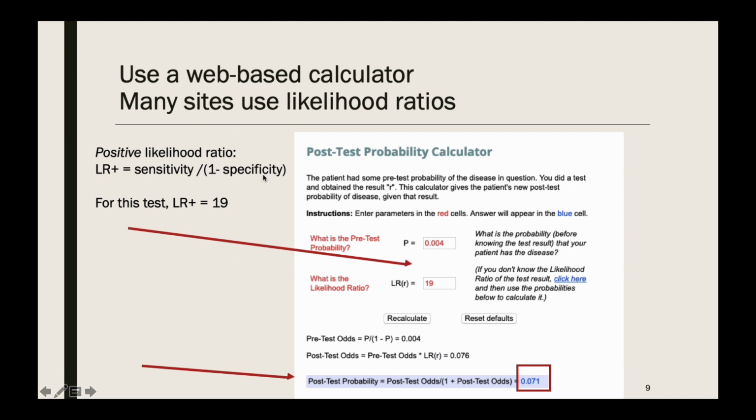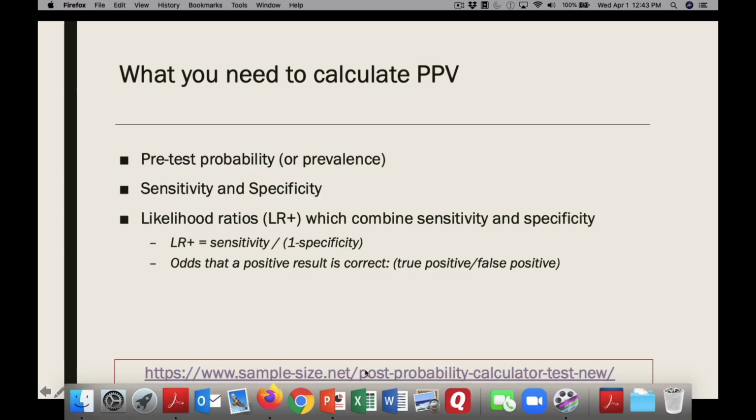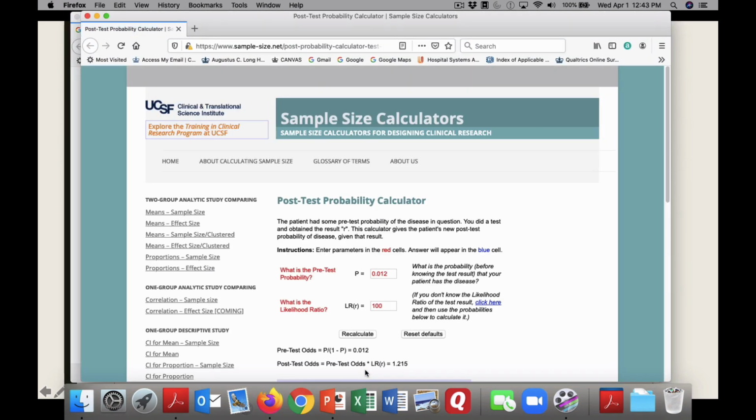Let's look at the web-based calculator, which I just showed you. Actually, let's just go back and hit this for 1 second just to show you where this is. This is UCSF. It's got a beautiful calculator. It's got a pretest probability entry, and you plug that in. It's got a likelihood ratio, which you plug in, and then you can calculate what the post-test probability is.